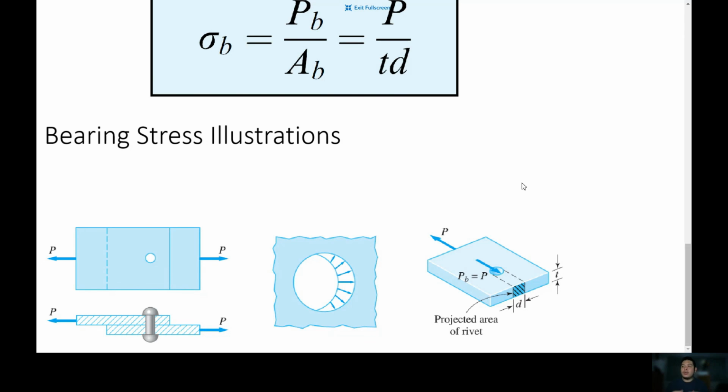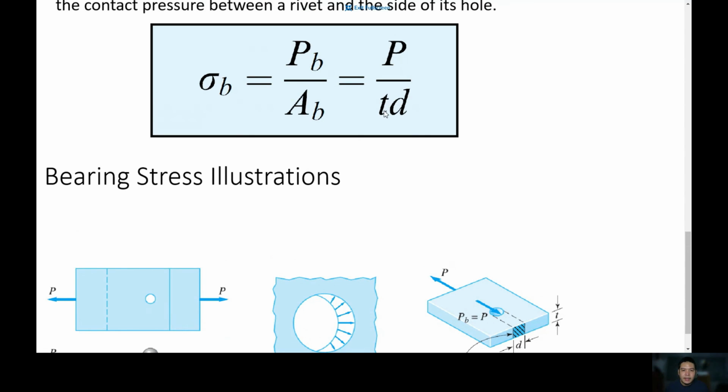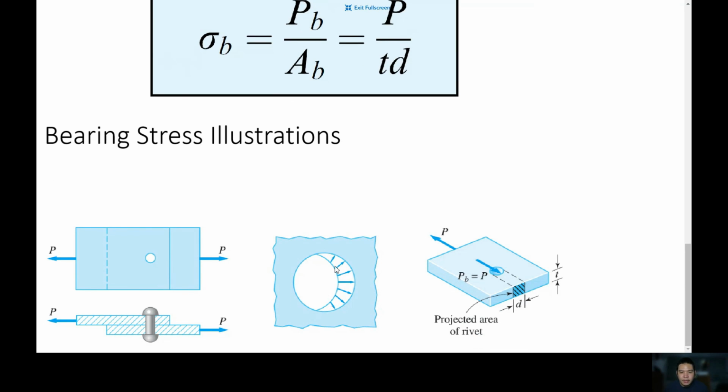So we also need to determine the bearing capacity of these materials. Again, force P is just equal to the thickness times the bolt diameter, because this is the part that is resisting the force P.